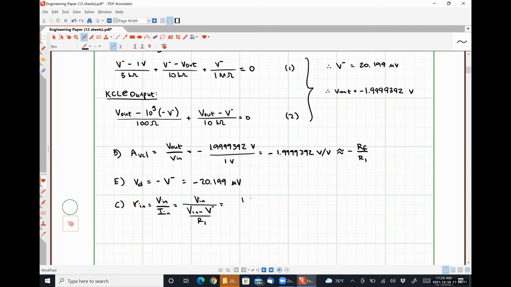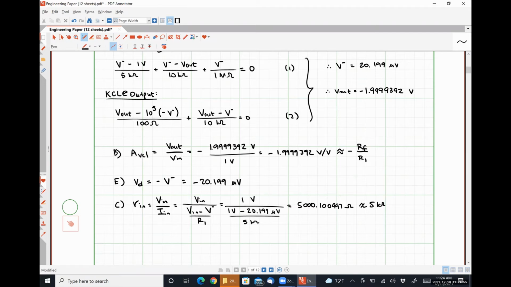So Vn minus V minus divided by R1, and then we have a Vn up here. And so that's going to look like 1 volt divided by 1 volt minus 20.199 microvolts all over our resistor value of R1, which is 5 kiloohms, which gives me a value of 5,000.100997 ohms, or really close to just that 5 kilo ohm resistor itself.